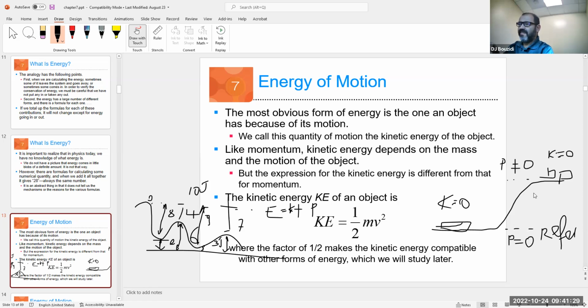Overall, if you account for the chemical energy that is involved and the friction and everything else, it's still conserved. So energy overall is a conserved quantity, no matter what your political affiliation is, whether you're a Green Party person or a non-Green Party person, it doesn't matter.